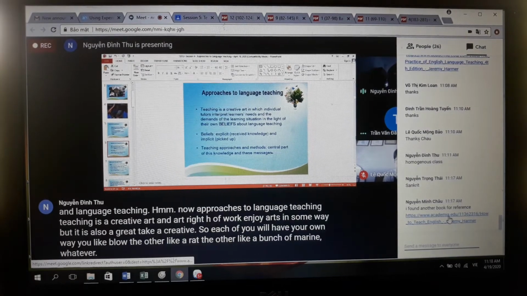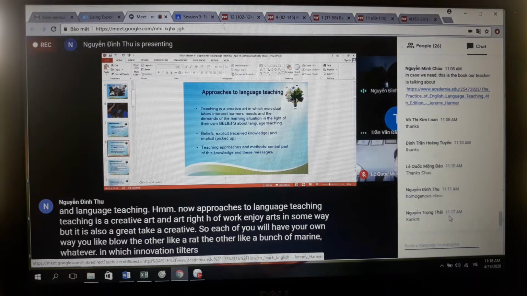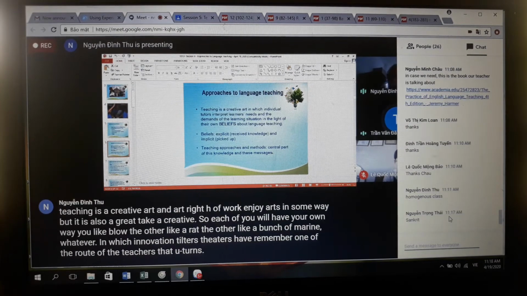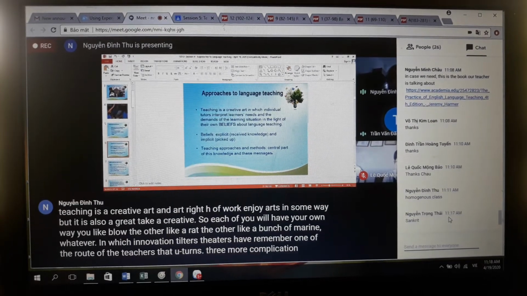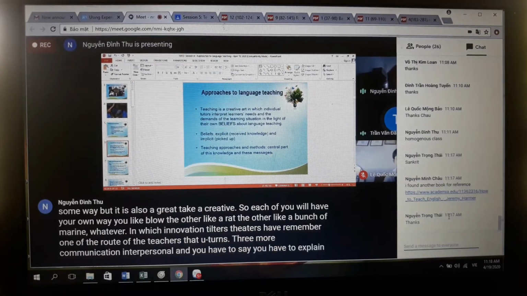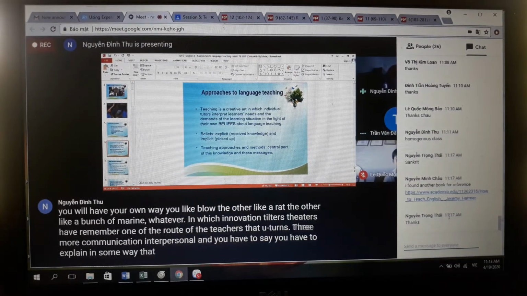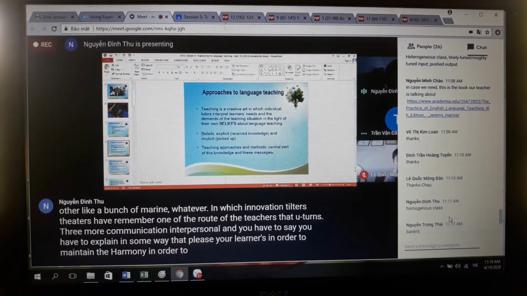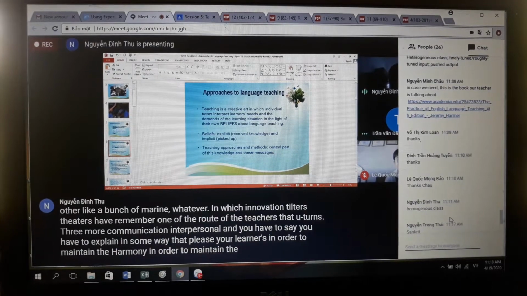Remember one of the roles of the teachers, the tutors: three modes of communication, interpersonal. You have to explain in some way that pleases your learners in order to maintain the harmony, in order to maintain the rapport.